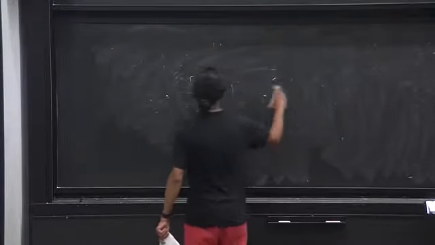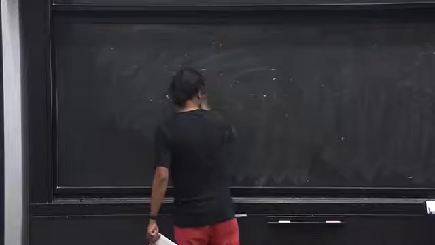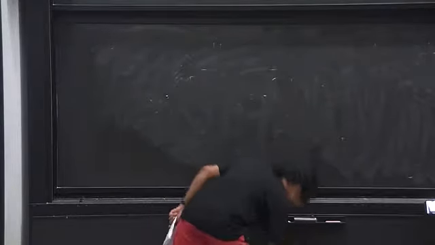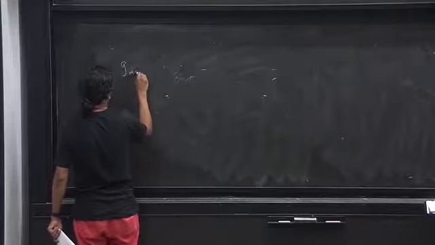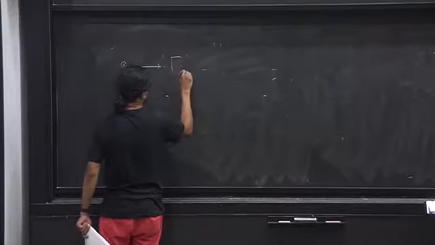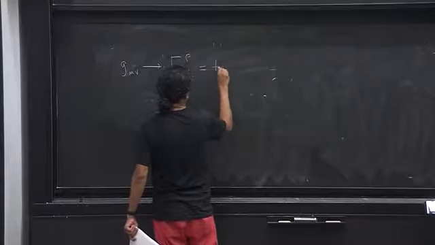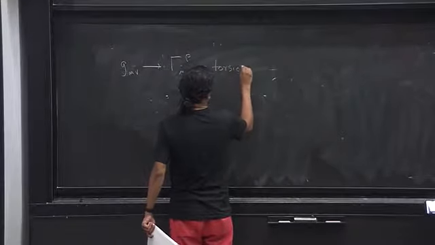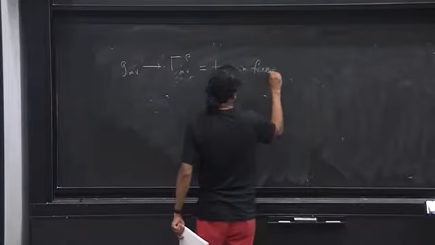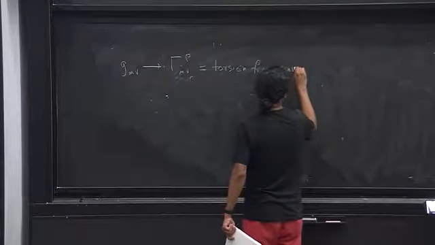So if I have g mu nu, it will give rise to some torsion-free connection.